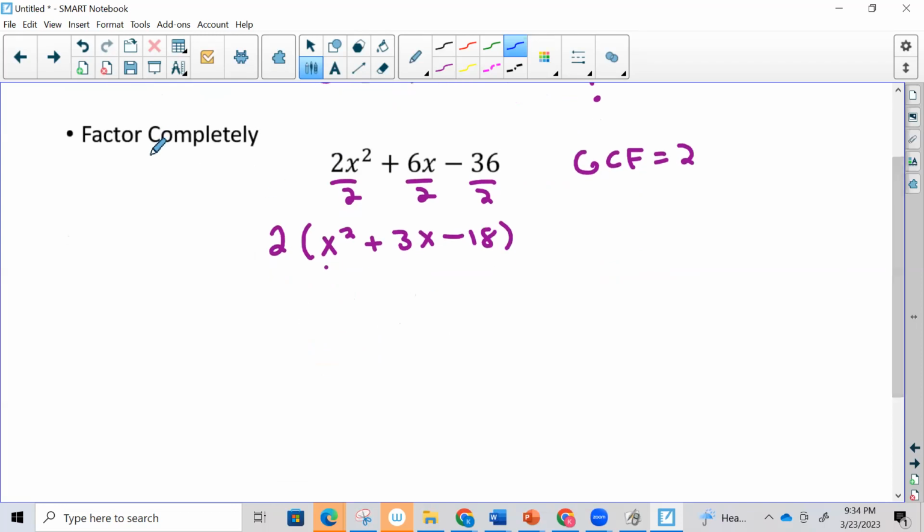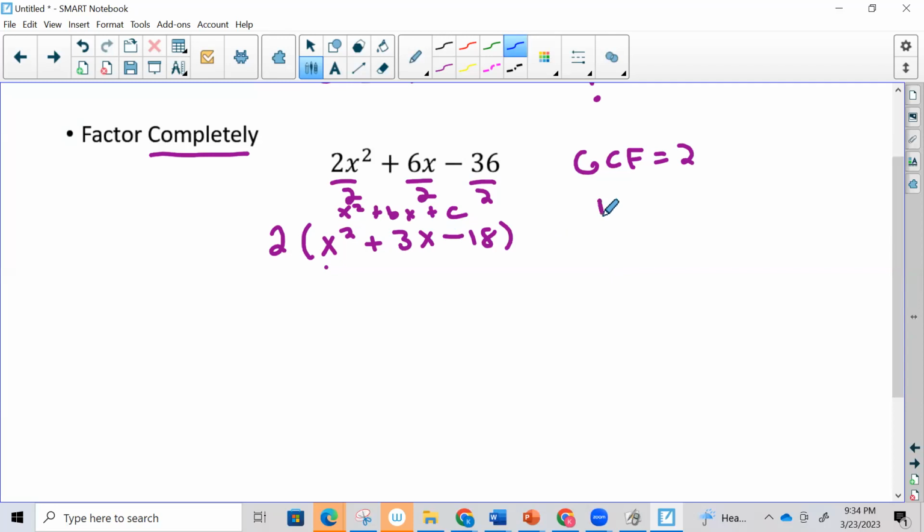Now we want to factor completely, which means that if any part is still able to be factored, you have to keep going. So I'm going to leave this 2 here and pretend it's not there. And I'm going to see if this trinomial, now that it is in my correct form, like x squared plus bx plus c, will factor.